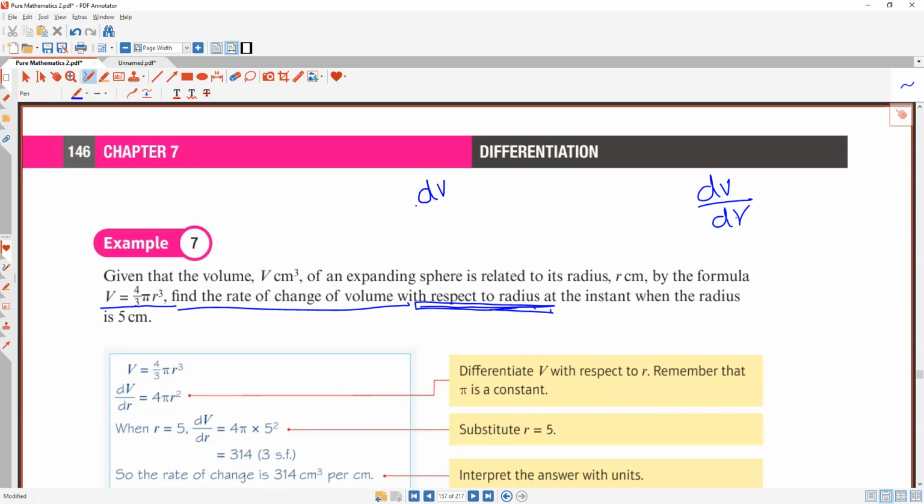All you have to do is find dV by dr, just like the way we find dy by dx. So 4 by 3 multiplied by 3 multiplied by pi r to the 3 minus 1. 3 cancels. So 4 pi r square. The rate of change of volume with respect to radius is 4 pi r square. Okay?